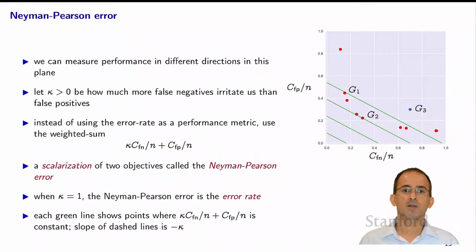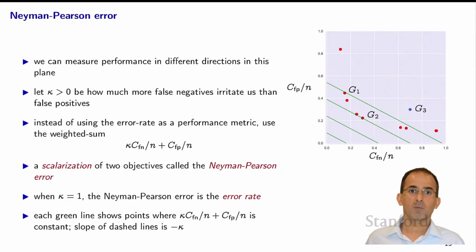Now, when we've got the Neyman Pearson measure, that's kappa times the false negative rate plus the false positive rate, what that's doing is measuring performance in a particular direction in this plane. So I've got the false negative rate and the false positive rate, and if I've got a particular kappa, I can draw a vector.